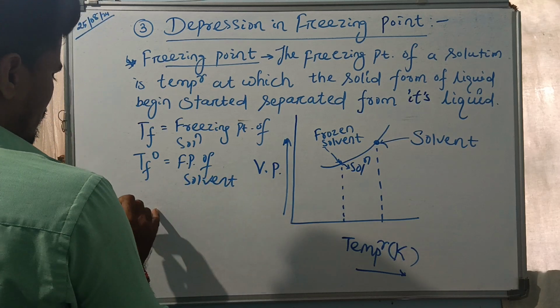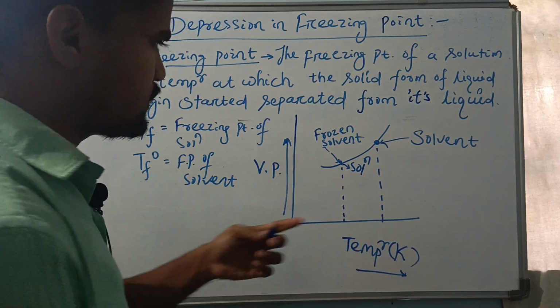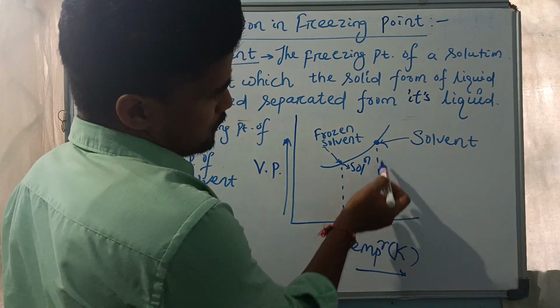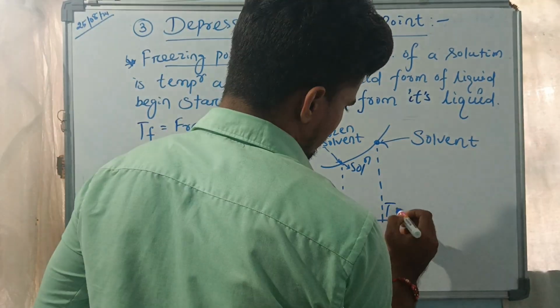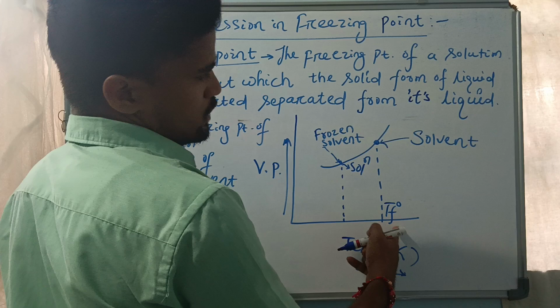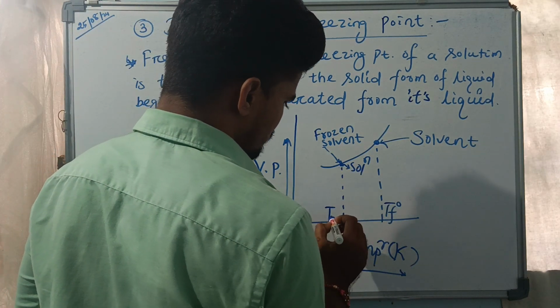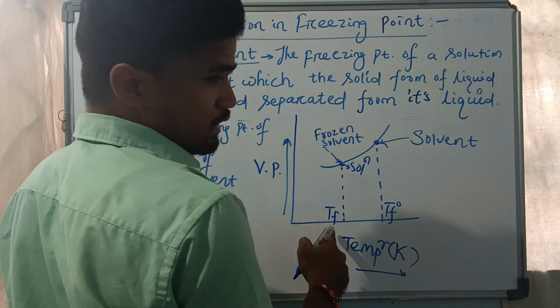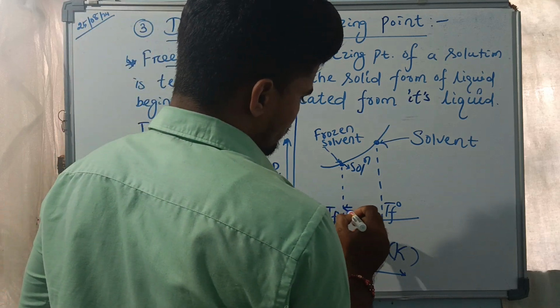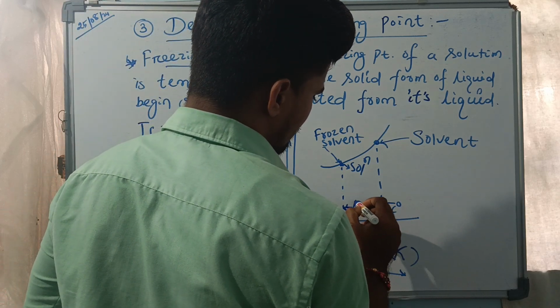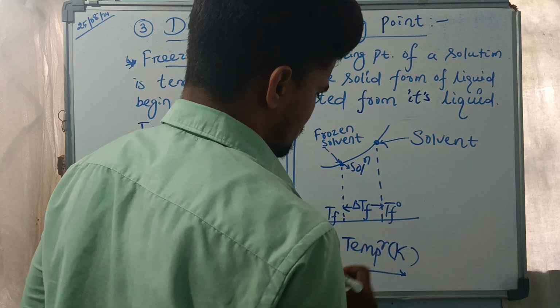Now the difference in freezing point, what happened? Which is the highest curve? The solvent. This is Tf naught, the freezing point of the solvent. This side is for the solution, Tf, the freezing point of the solution, and the difference is represented by Delta Tf. Delta means change or difference, right?